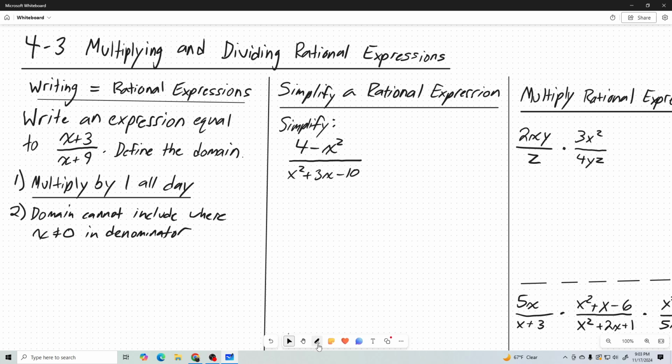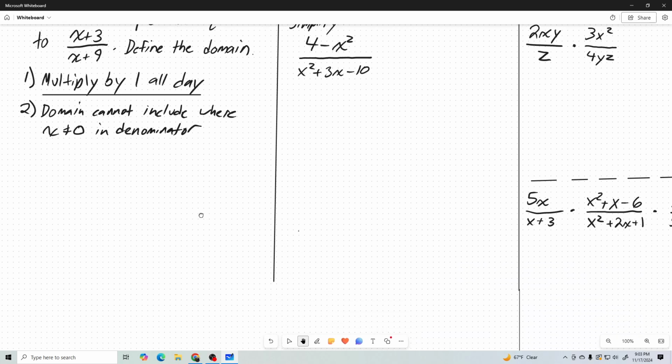So I can show you what I'm talking about here. All right, let's just take the original thing they told us here: x plus 3 over x plus 9. And let's start multiplying it by some stuff.